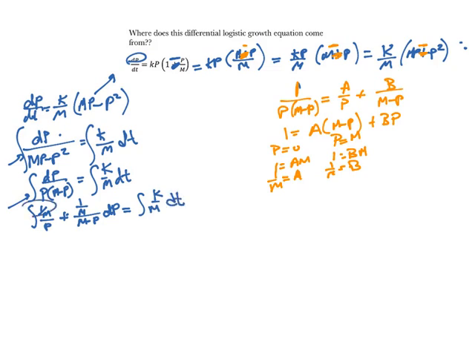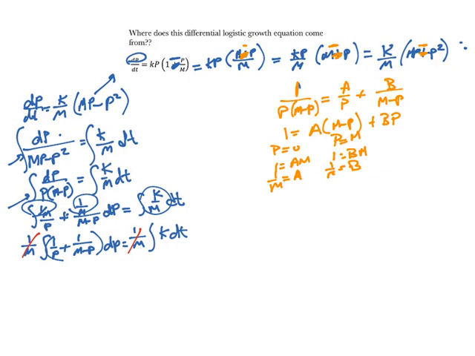So you'll notice that I have a 1 over m really kind of in everything, so I'm going to factor that out. So I'll say this is 1 over m times the integral of 1 over p plus 1 over m minus p dp equals 1 over m times the integral k dt. Now that's quite helpful because I can get rid of the 1 over m since they're on both sides. And now I'm able to integrate.